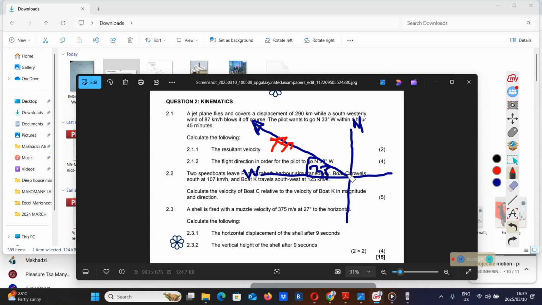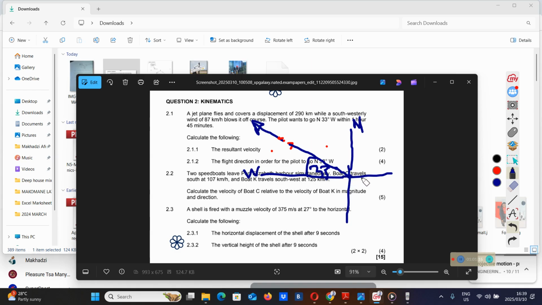Then instead of taking this direction, they will end up moving in that direction. So for these guys to move in this direction of north 33 west, they must move against the direction of the wind. So now the direction of the wind plays an important role.